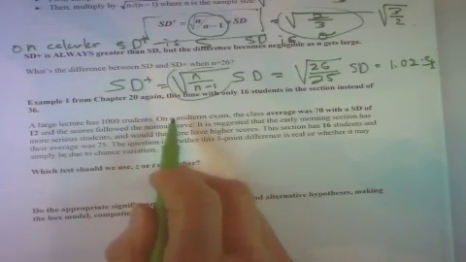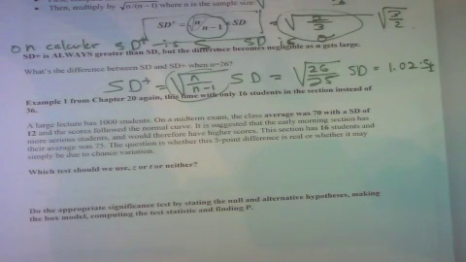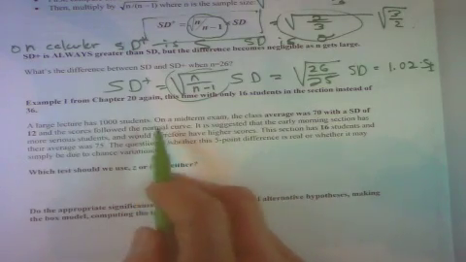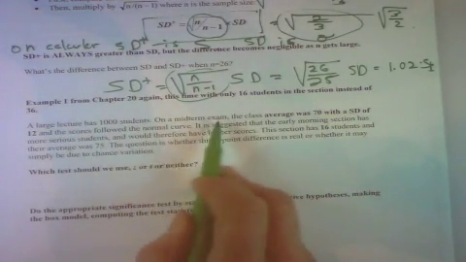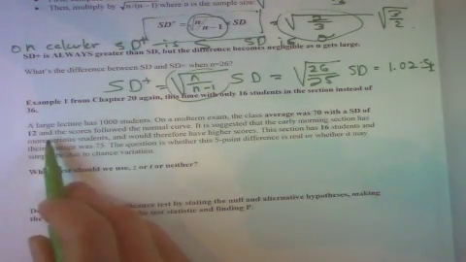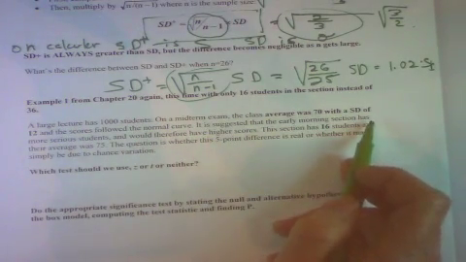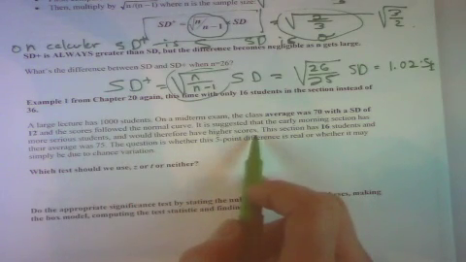This is the same example we did way back on the first day of this section, from the exam. A large lecture has 1,000 students. On a midterm exam, the class average was 70 with a standard deviation of 12, and the scores followed the normal curve. It suggested that the early morning section had more serious students and would therefore have higher scores.